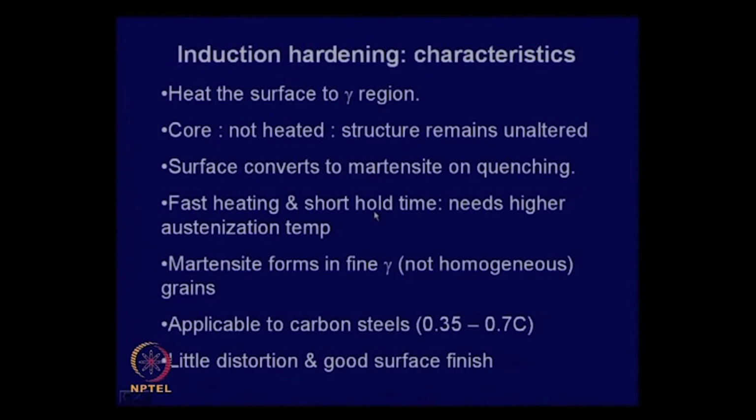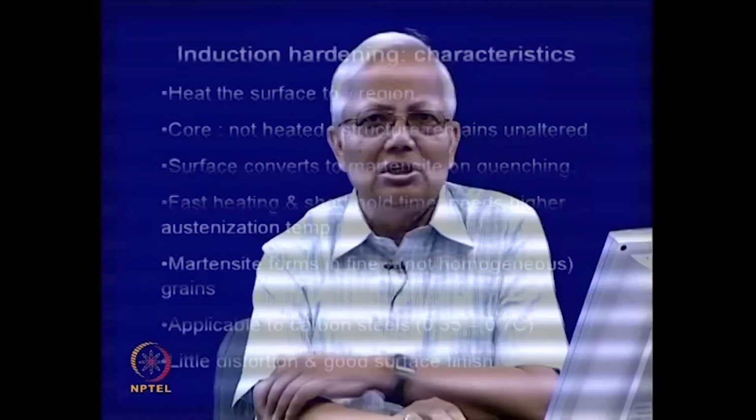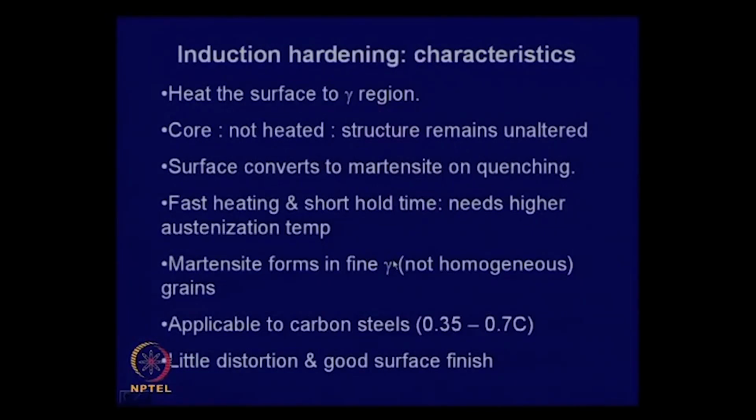If the hold time is very short, it is quite likely that the austenite grains may not have homogeneous composition. It may have different carbon content in different regions. There may be some amount of undissolved carbides also. So, the martensite that forms will form in non-homogeneous austenite.